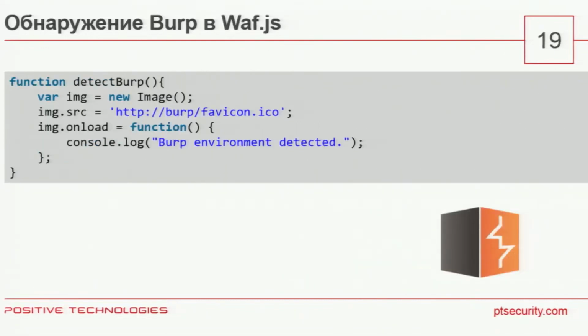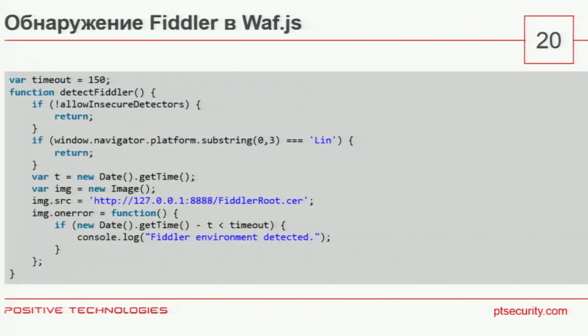Instead of using proxy pack, we are using an icon. The advantage is that we're using a dynamic image object that allows to load our icon, which is in fact an image. And with our onload handler, we can detect the presence of Burp in the user's environment.